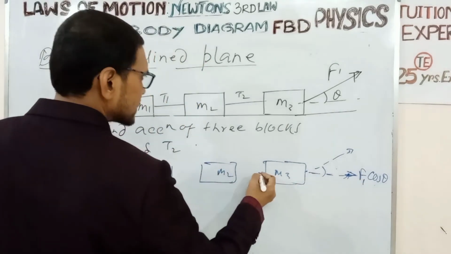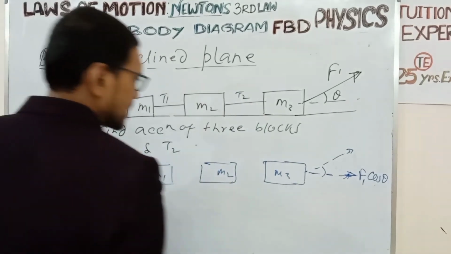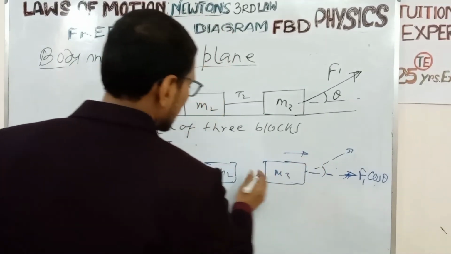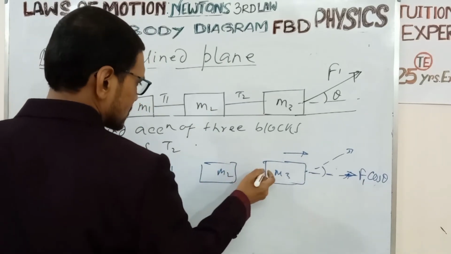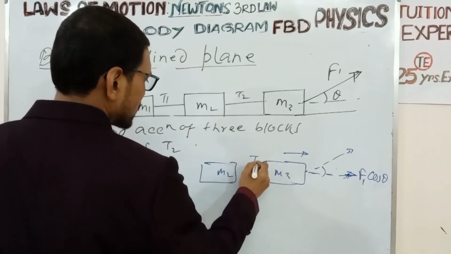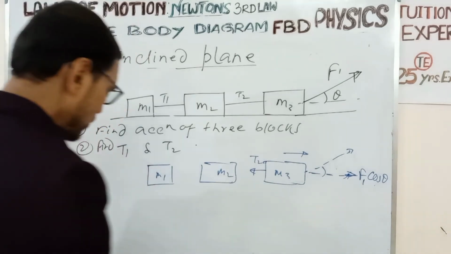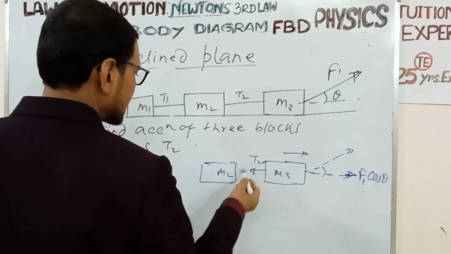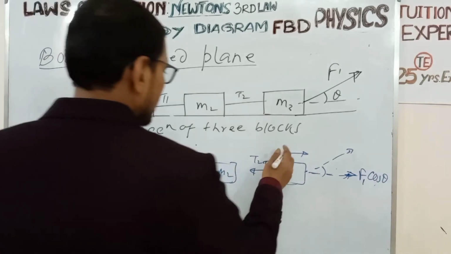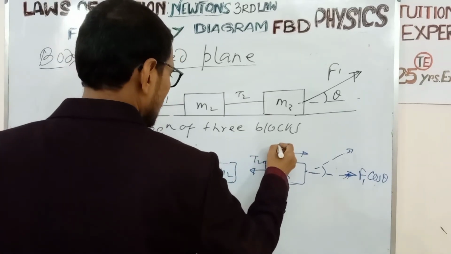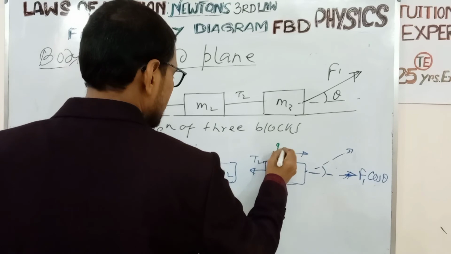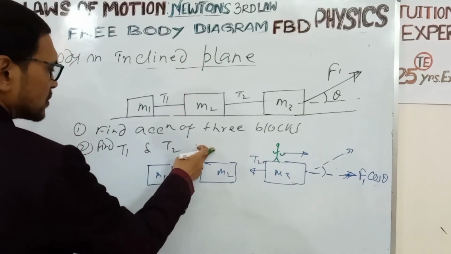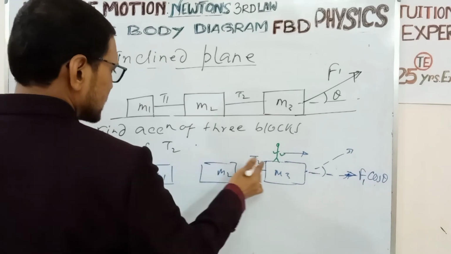Now the tension T2 here, in which direction? The block moves in this direction, so this block prevents this. So obviously from the general concept, to find the direction in which the tension acts: if a person is present here and observes in front, then the front will be the direction of T2.